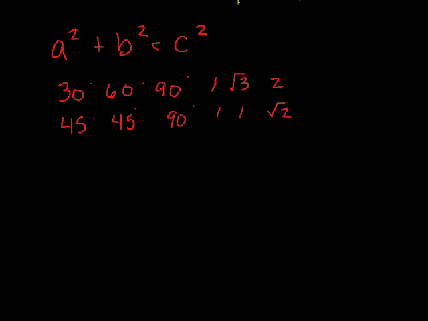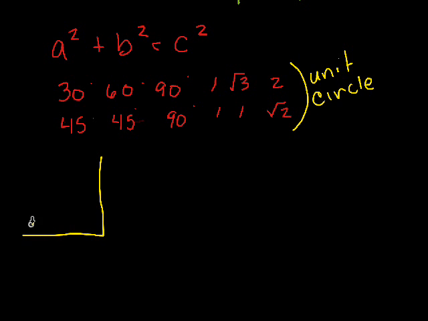Now I know that this seems obscure and you don't know why that is, but over and over again you're going to see these numbers, especially in the unit circle. You'll get to that later. I won't go too far right now, but what that means is that if you had a right triangle of 30, 60, 90, the length across from the 30 would be the smallest, would be 1.